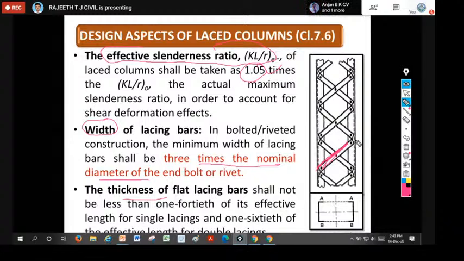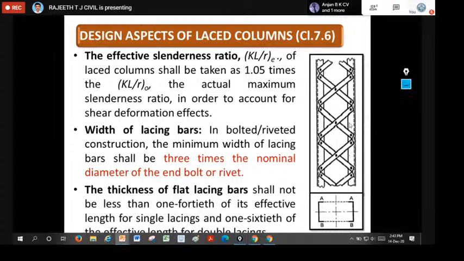If you provide lacing on both sides, with alternate lacing bars, then it comes under the double lacing system. Here you see an example of a double laced column.